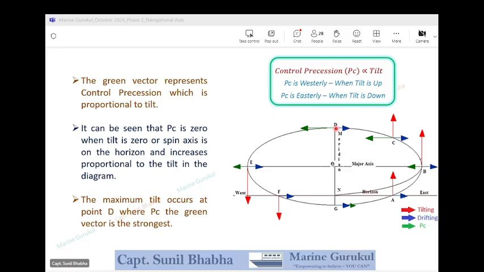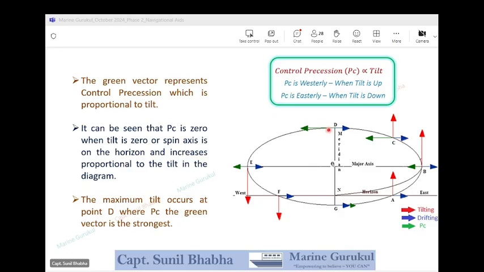If you observe carefully, point Delta is the highest tilt point in the elliptical path. So maximum tilt is present here at point Delta, and the control precession is also the strongest, having the maximum magnitude anywhere in the ellipse, due to the fact that control precession is directly proportional to tilt. Direction is westerly as we have an upward tilt.